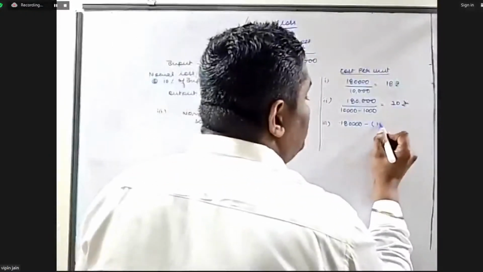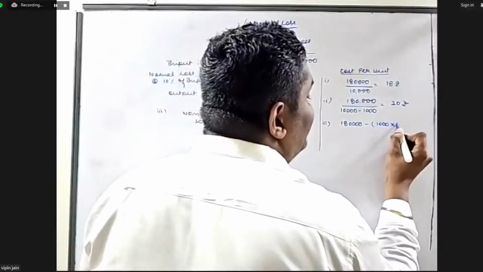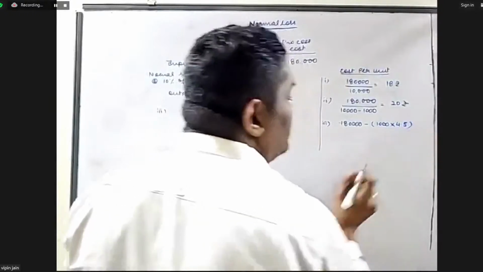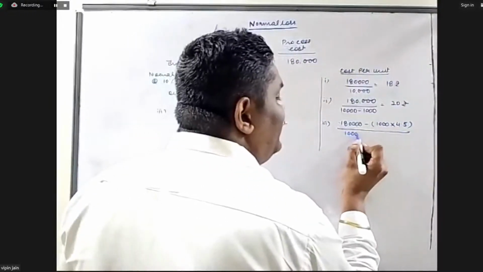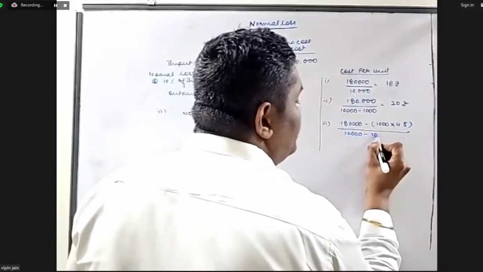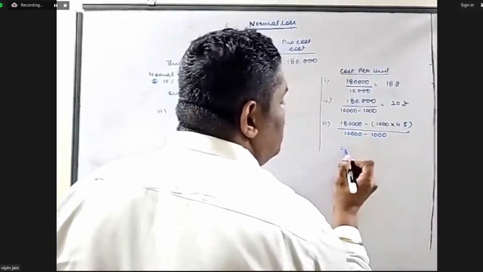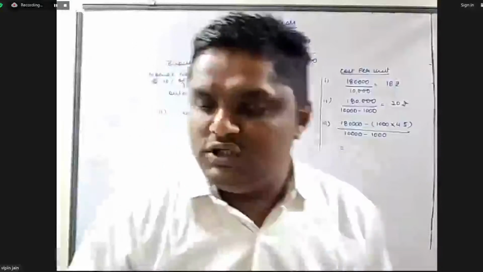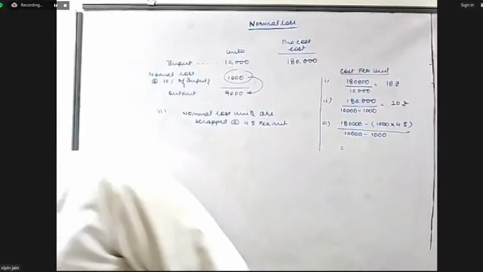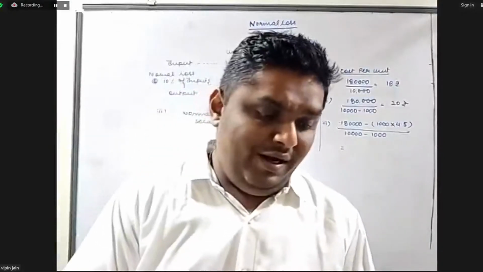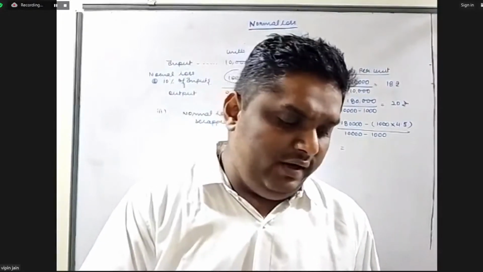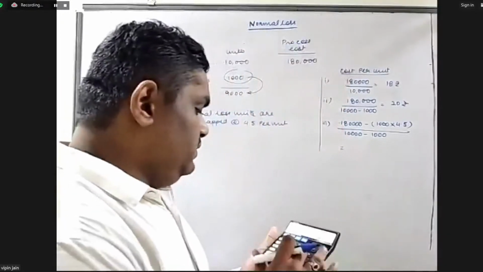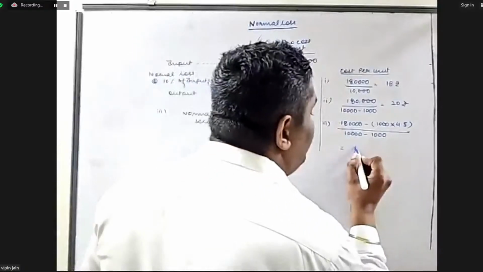So these 1,000 units into 4.5, that is 4,500, divided by my 10,000 units is the input minus 1,000, that is my normal loss. So we can easily calculate the cost per unit, that is 1,80,000 minus 4,500 divided by 9,000. So we'll get 19.5.